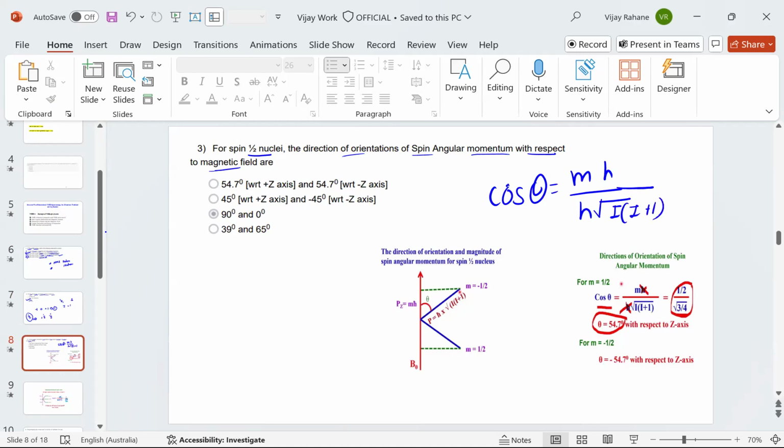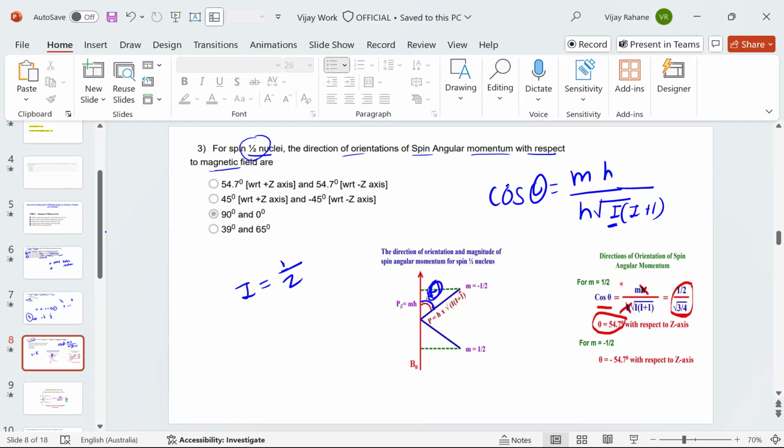So put the value of I equal to 1/2 in place of I. Then if you calculate all this, we will get theta.